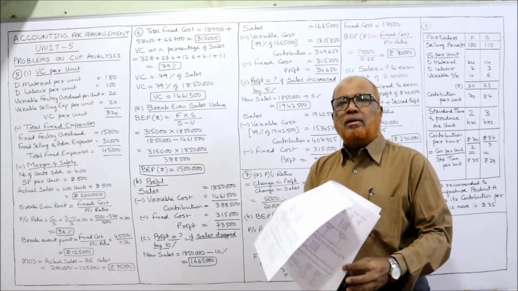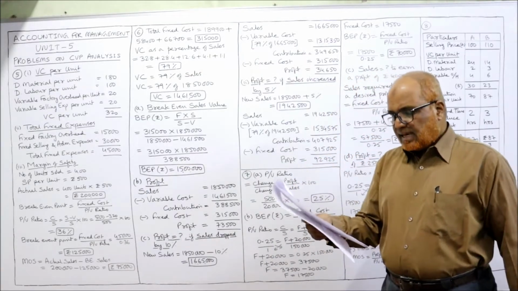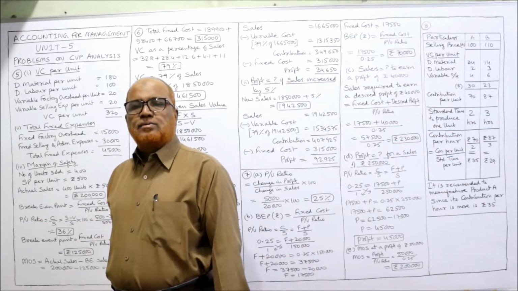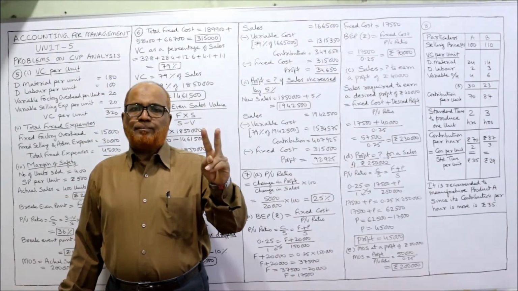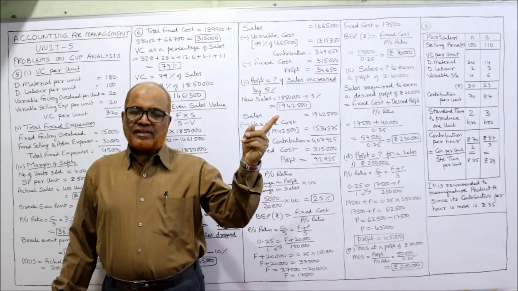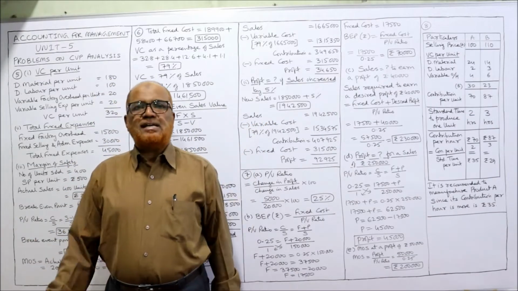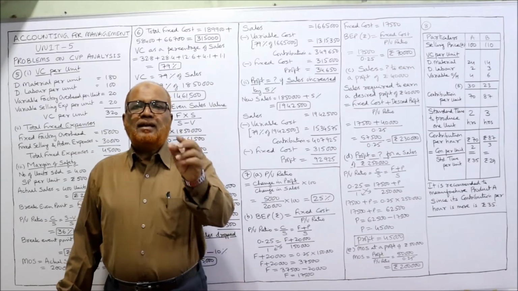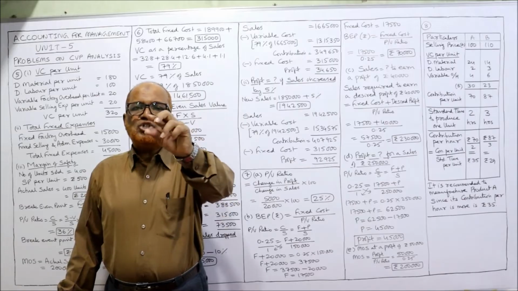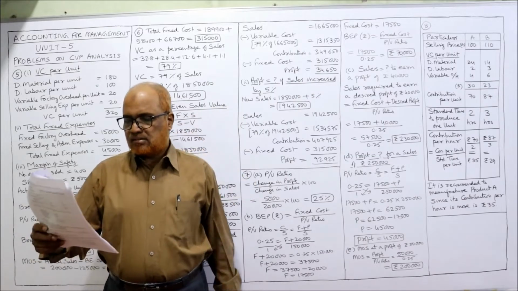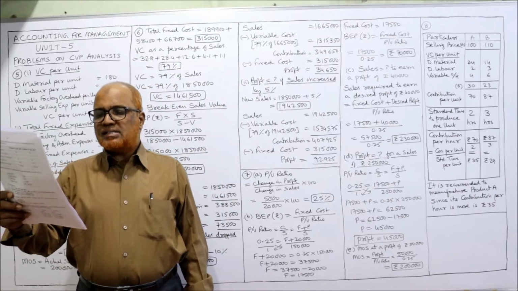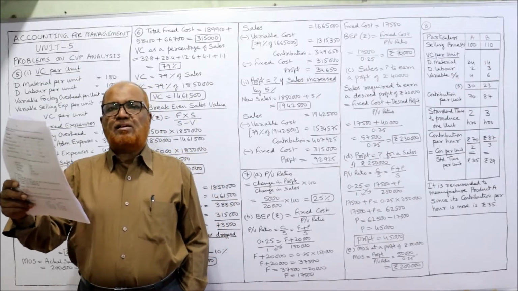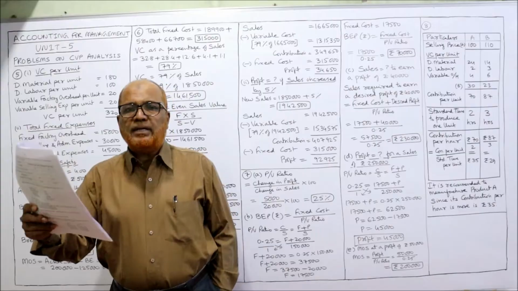Now I am coming to problem number 7. The sales and profit for 2016 and 2017 are as follows. Here two periods are there, 2016 the first year and 2017 the second year. Whenever two periods' data is given, we can calculate PV ratio by the formula change in profit by change in sales. In 2016, sales are 1,50,000, profit is 20,000.